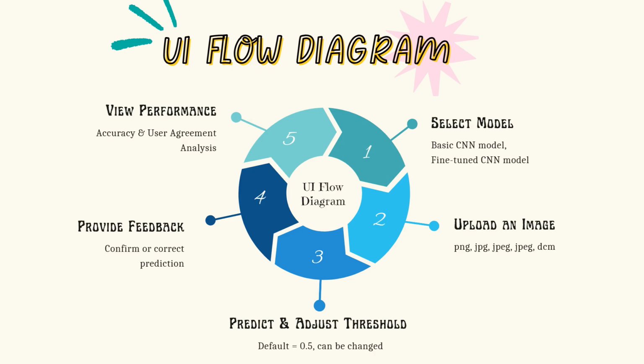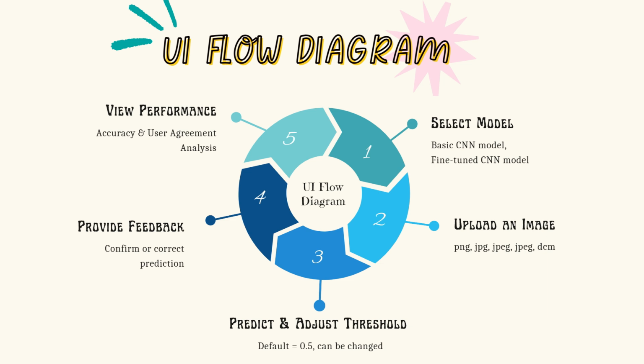Step 3, Predict and adjust threshold. After clicking predict, they can adjust the threshold if needed. The system analyzes the image and returns a color-coded result. For YOLO V5, it also highlights affected regions. Step 4, User feedback.